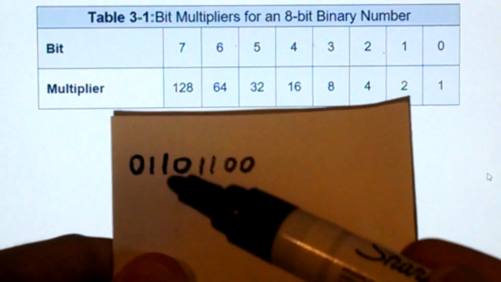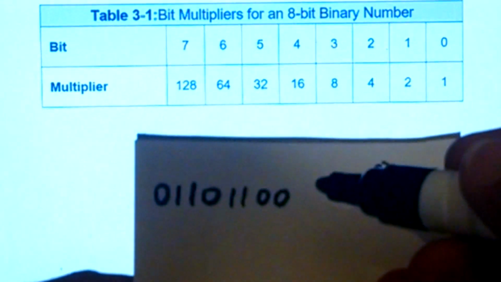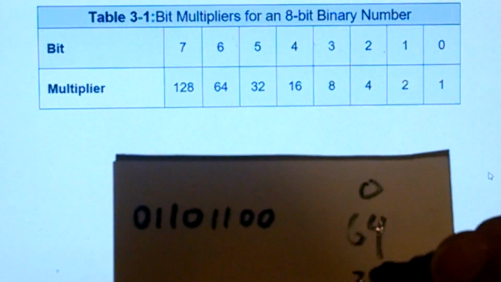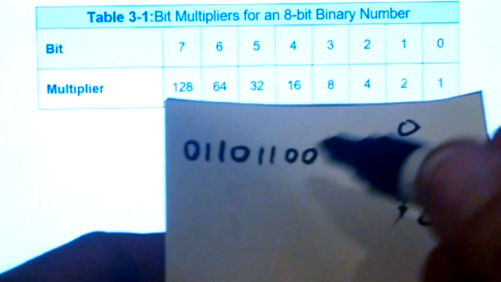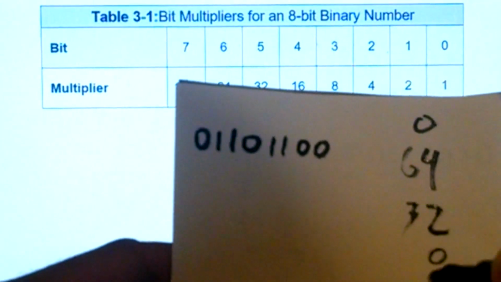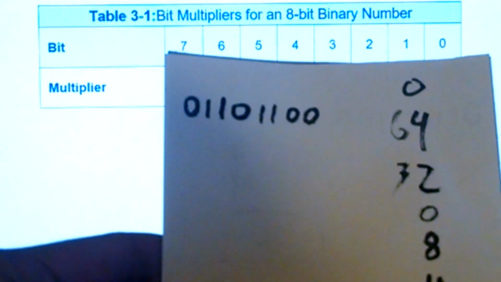Alright, so 0 times 128 is 0. 1 times 64, 1 times 32 equals 32, 0 times 16 is 0, 1 times 8, 1 times 4 equals 4, 0 times 2 is 0, 0 times 1 is 0. And that's our decimal number.